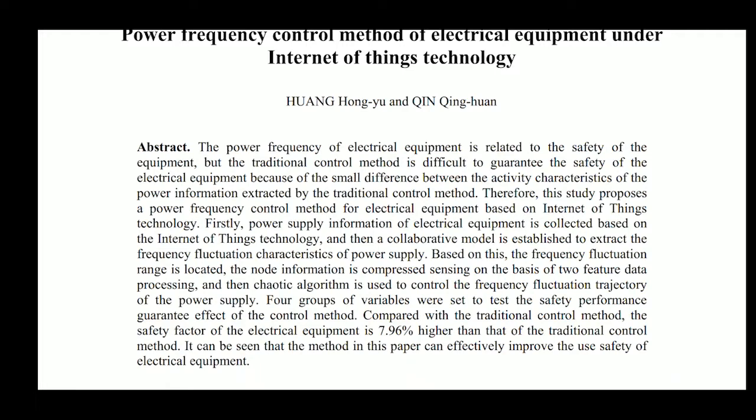Therefore, this study proposed a power frequency control method of electrical equipment based on Internet of Things technology.